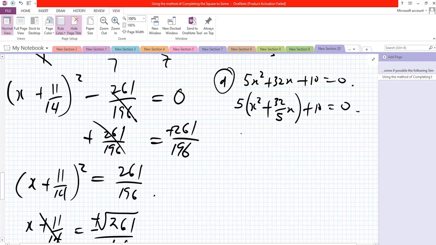So to make this a complete square, you now say x plus half of this, which is 16 all over 5 all squared, minus half of this squared.